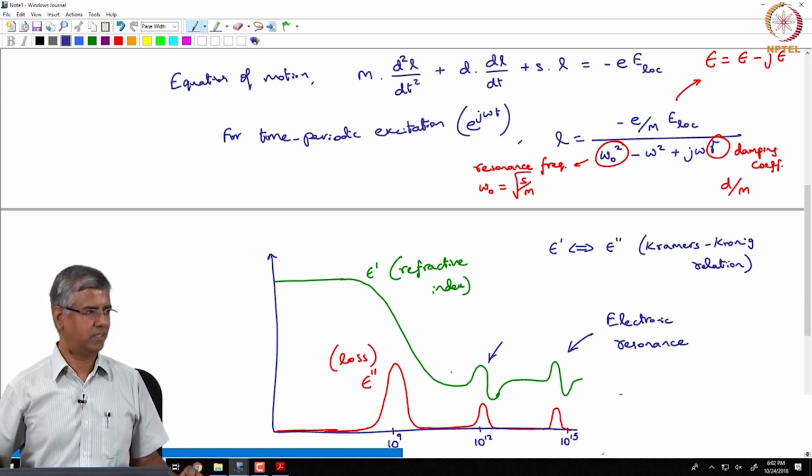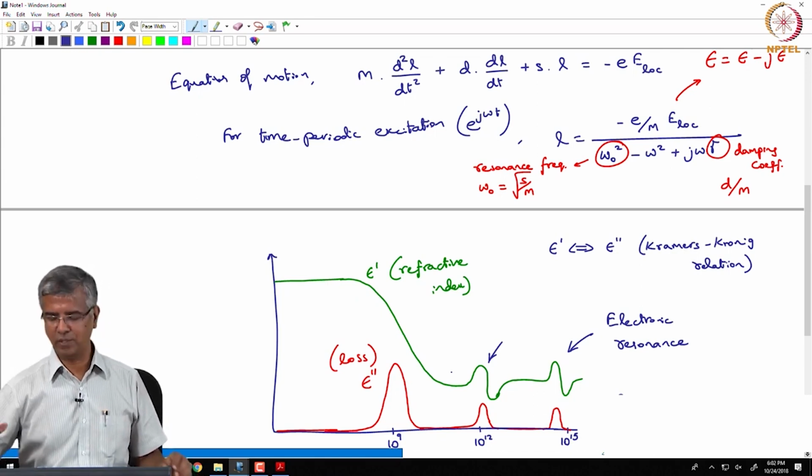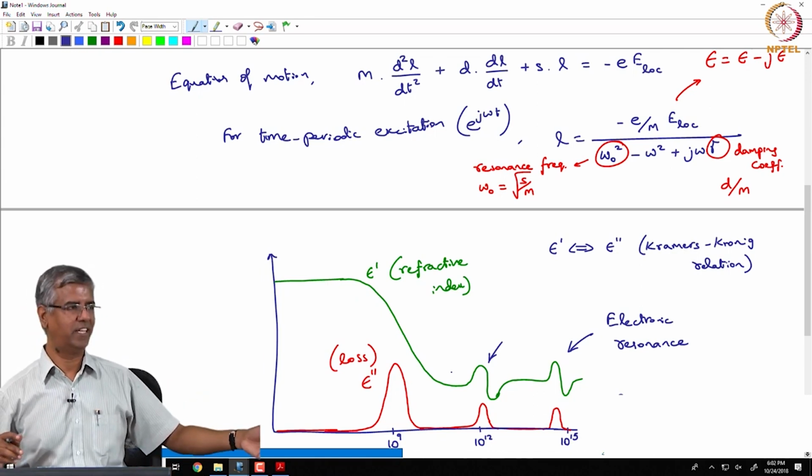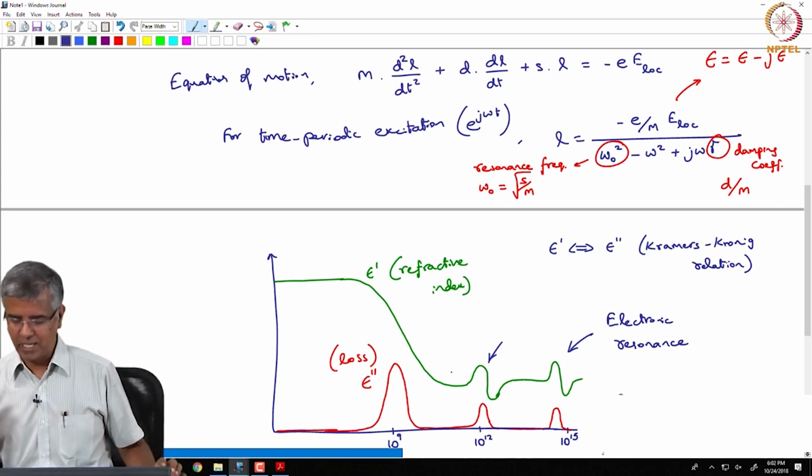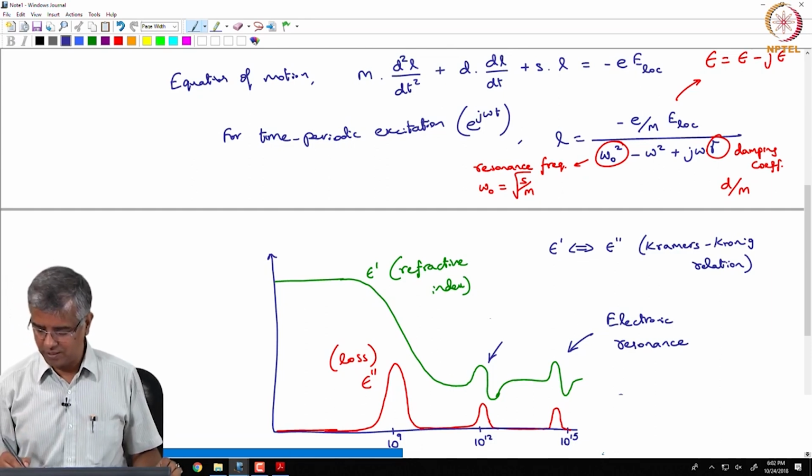First one, as in the one on the left side you are saying, that is an atomic resonance, okay. Well, it involves atoms, so what we call it is a molecular resonance.